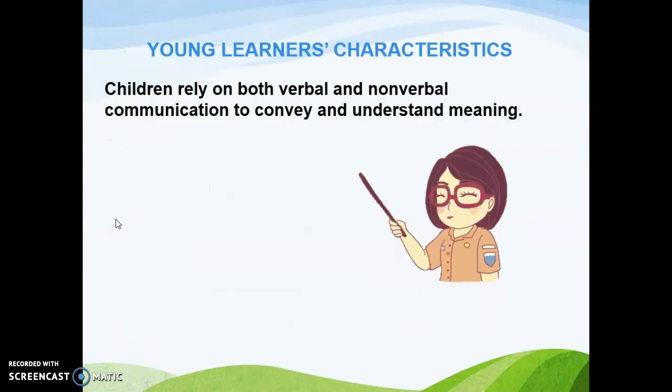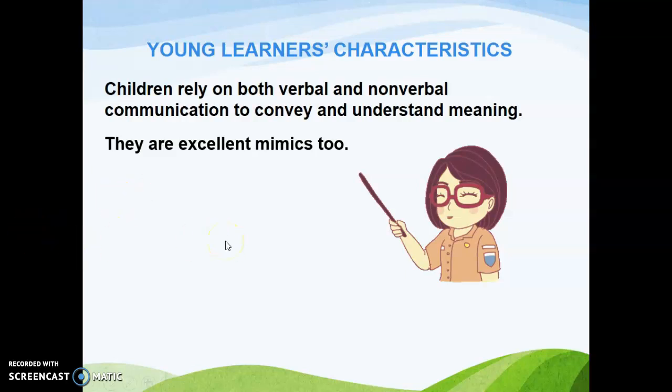In addition, keep in mind that children are like sponges that are getting information from every source. Children rely on both verbal and non-verbal communication. So you have to be really careful with the faces you make or the words you use to talk to them, because they can be either really motivated by your words or they can get discouraged.